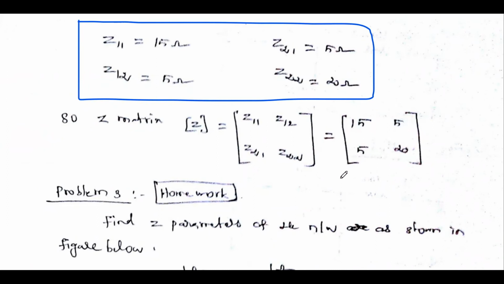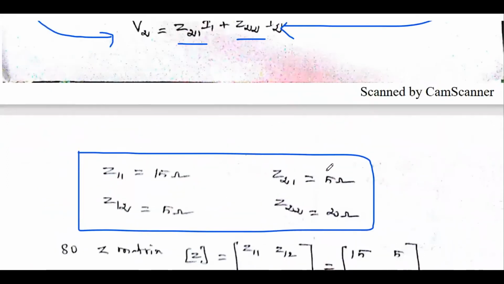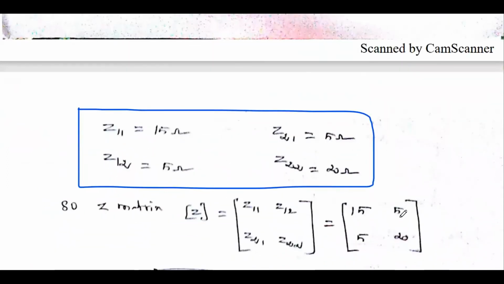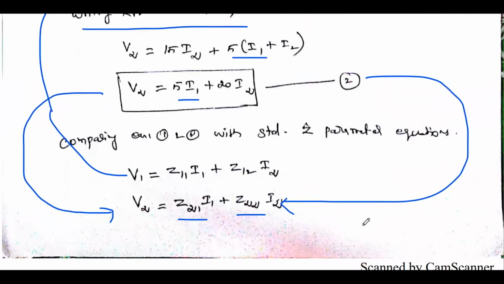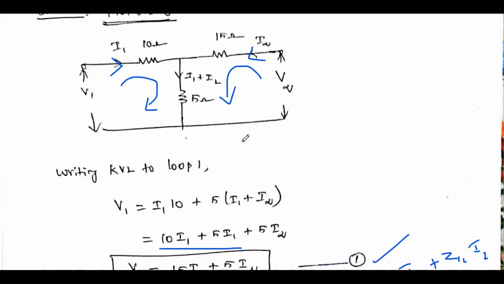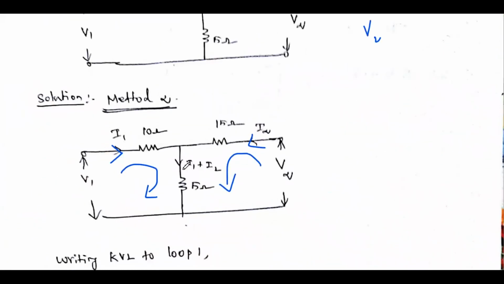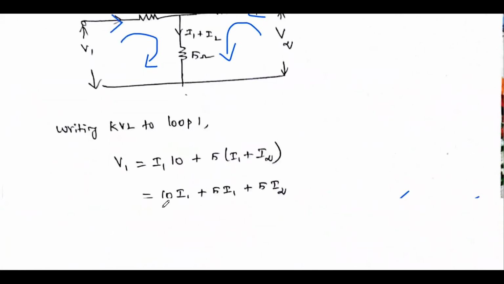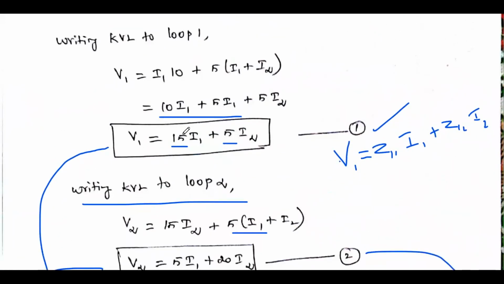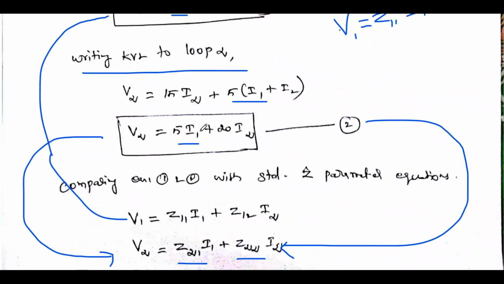So for the same problem, we used two methods, and in both methods we get the same answer. So you can follow your own method. In this method we are just writing the two KVL equations. The first KVL equation is in the structure V1 equal to a function of I1, I2. Then the second equation V2 equal to a function of I1, I2, which gives us Z11, 12, 21 and 22.